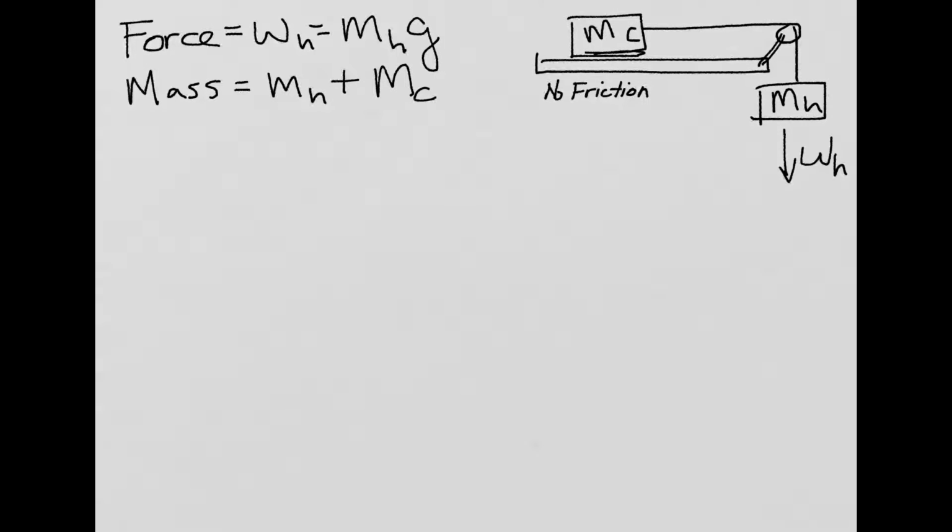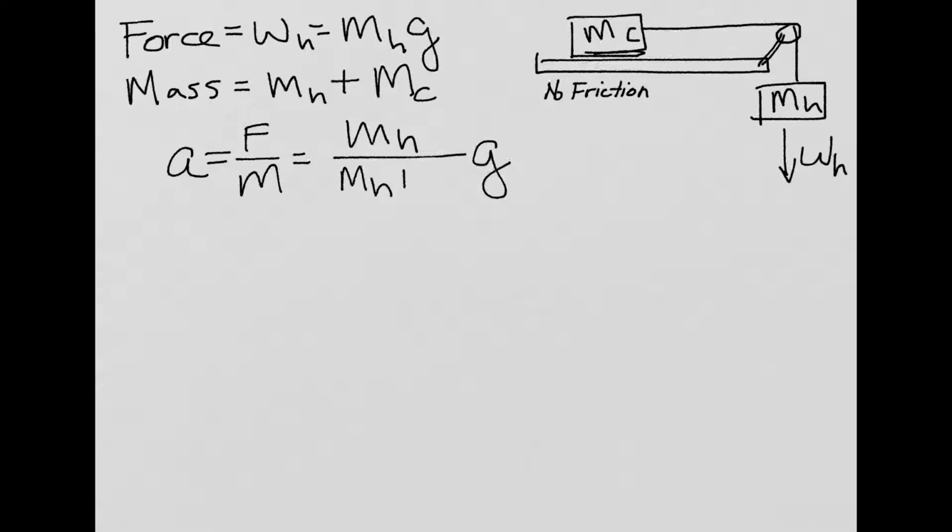Okay? So I have an expression for the force, I have an expression for the mass. A equals F over m, that's Newton's second law. So in this case, the force is mh times g, and the mass is mh plus mc.